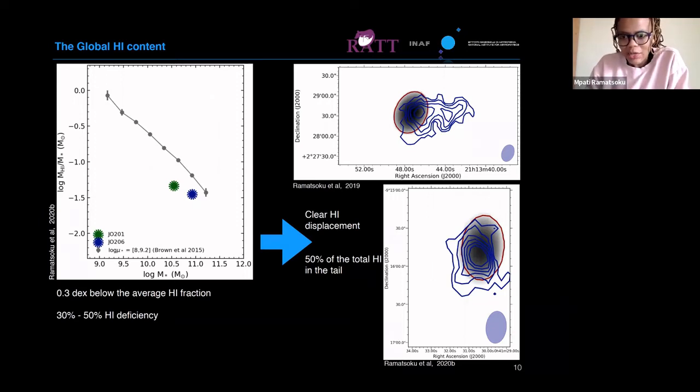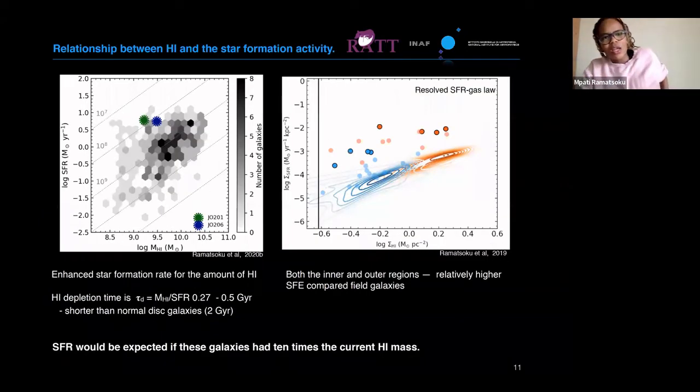So this is interesting. Now we wanted to find out what the relationship was between the H1 and the star formation activity of this gas, which is what the talk was originally about. And here I'm plotting the star formation rate as a function of the H1 mass. The galaxies plotted in gray are galaxies taken from a control sample.